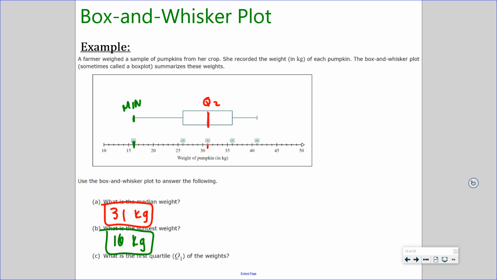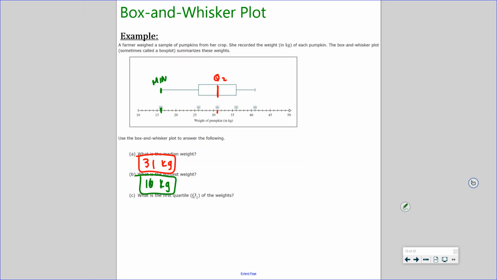All right, last question. What is the first quartile? Or you could think of this as the median of the lower half of the weights. Yep, that's this part of my box, 26. Okay, yep, that's how you would interpret that.